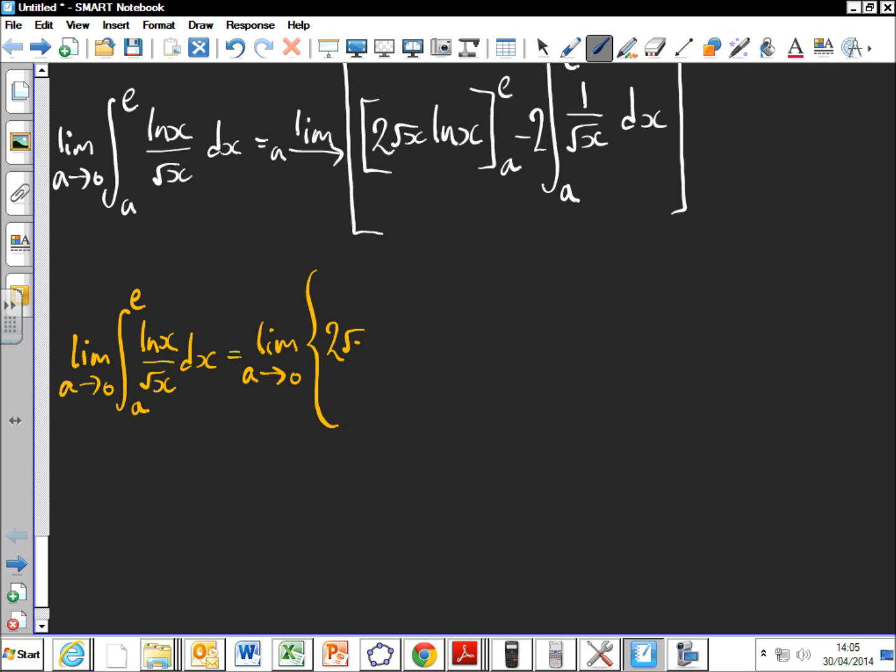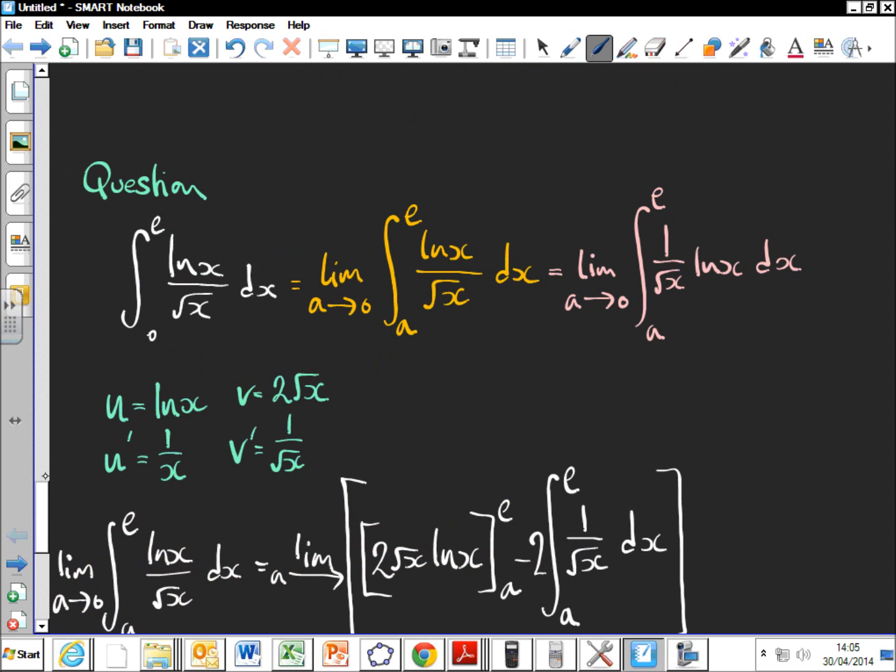I get 2 root e ln e. Yeah? You see what I'm doing here? I'm going to sub in the a: 2 root a ln a. Yeah. And now I'm going to do the integration of 1 over root x.